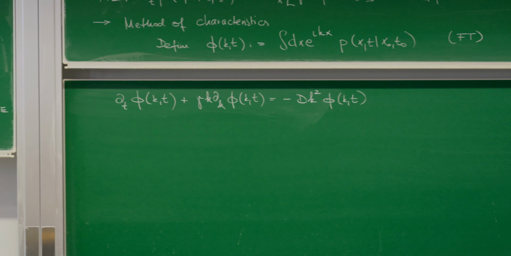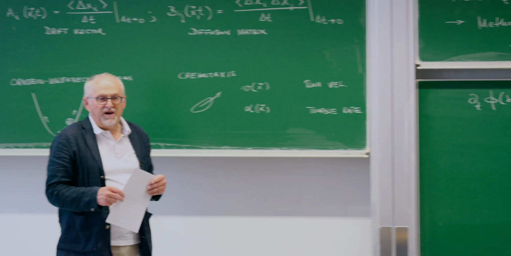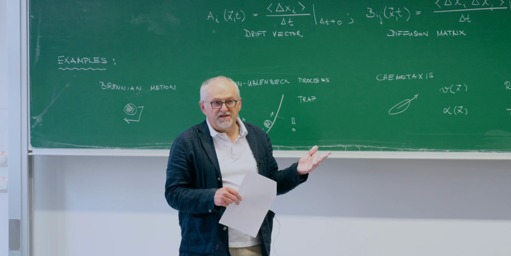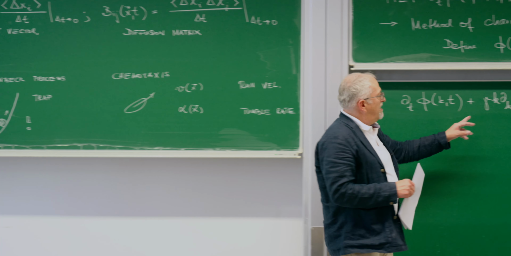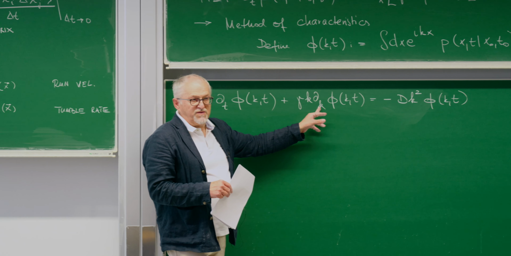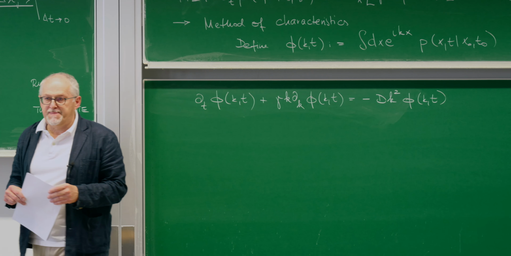It's still a partial differential equation, but it's a little simpler now because instead of a second derivative that we had before, we only have a first derivative in the Fourier transform variable k.